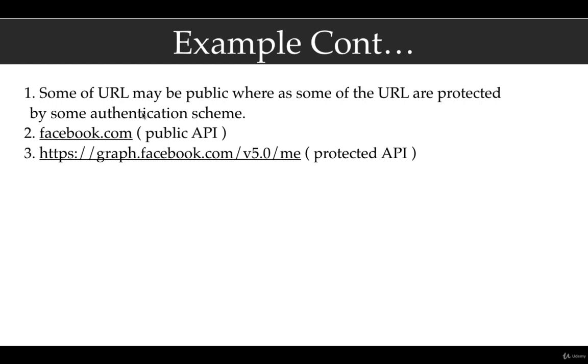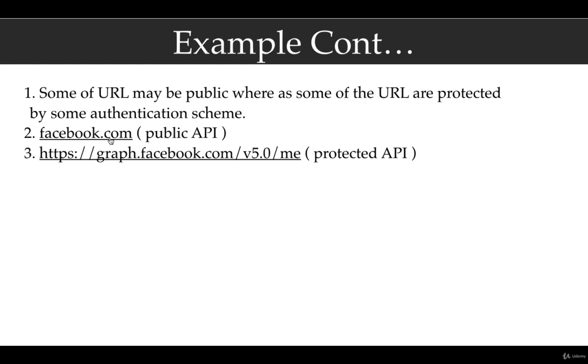You can create your account. If you have an account, you can provide your credentials and get into the system. Private or protected URLs require some kind of authentication scheme. Those authentication schemes we are going to discuss in the coming lectures.